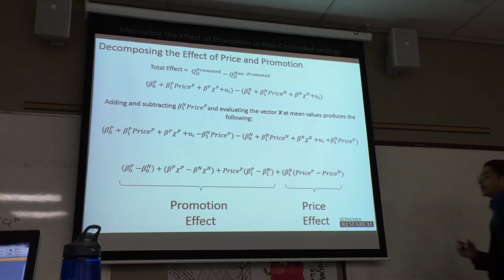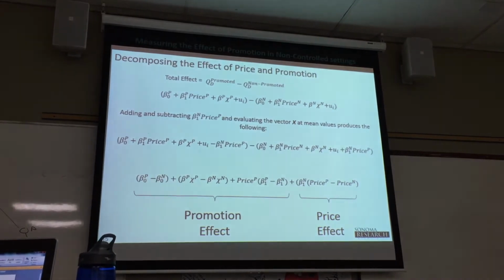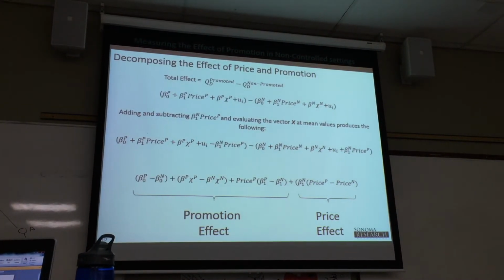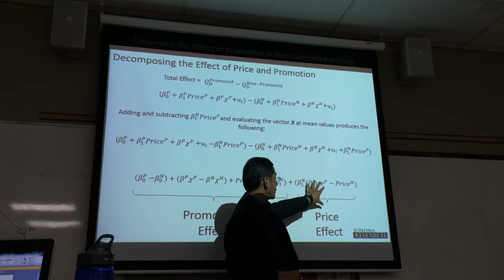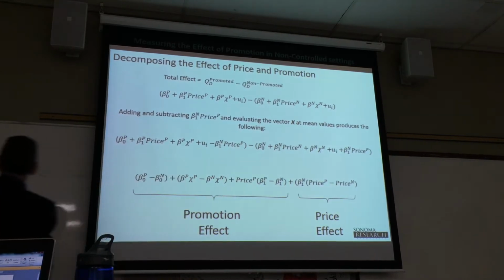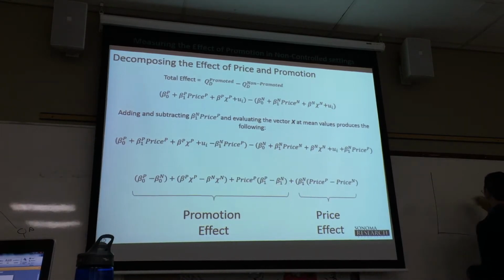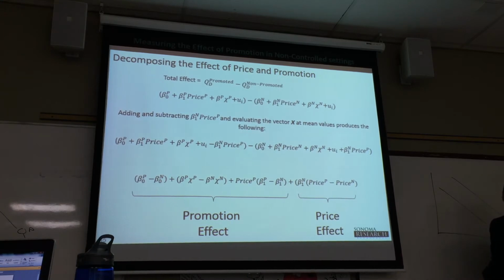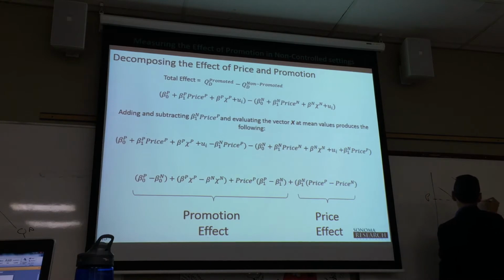Now, if firms didn't reduce price when they promoted, then evaluating the promotion effect, this would go to zero, right? Prices would be the same. And then we can just evaluate the vertical distance between these, QN, QP.